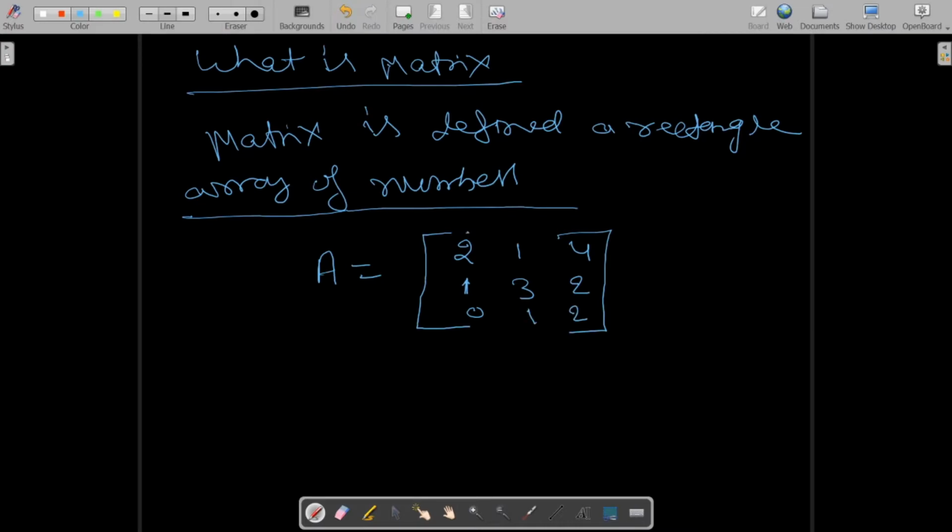So here this is the column and this is the row, and the size of the matrix is 3 by 3 because we have 3 rows: first row, second row, third row. Similarly, first column, second column, third column.